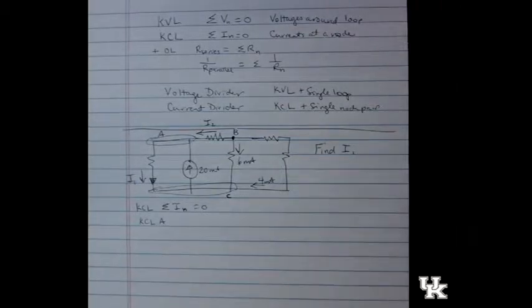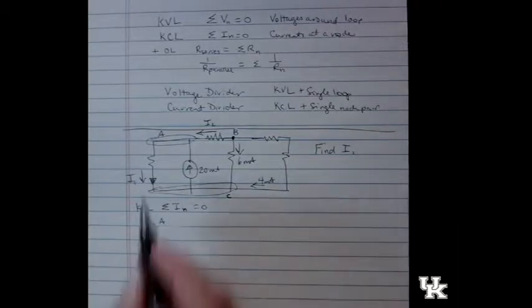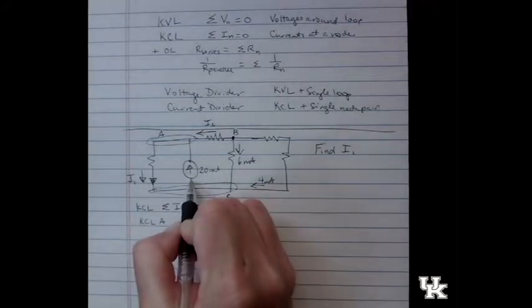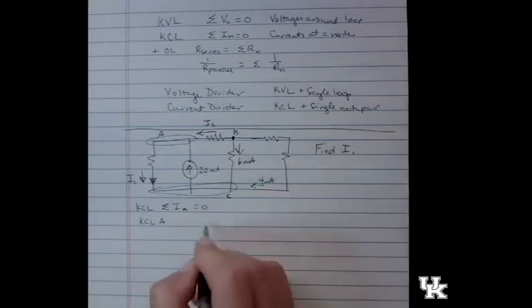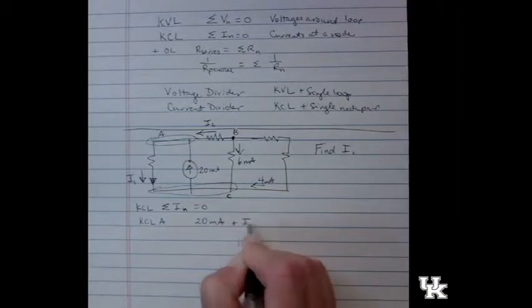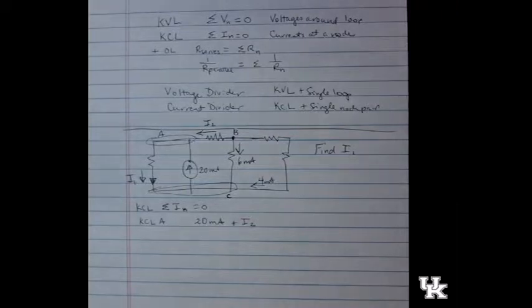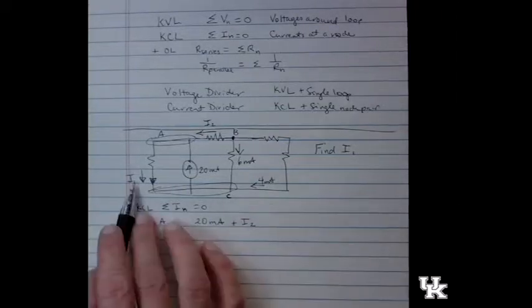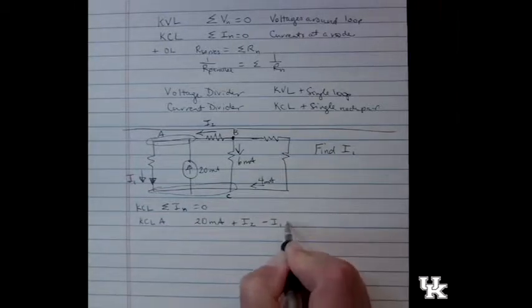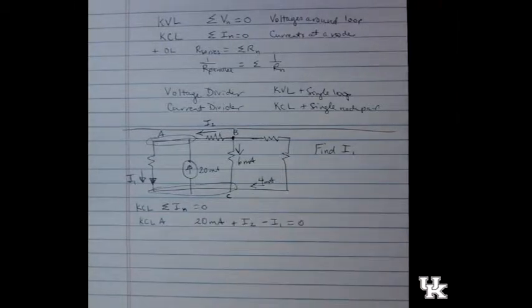So then we can write KCL there. We've got 20 milliamps entering and I2 entering. So 20 milliamps plus I2, that's on the entering side. And then the one that's leaving, I1, we would subtract. And that's going to make it equal to 0.